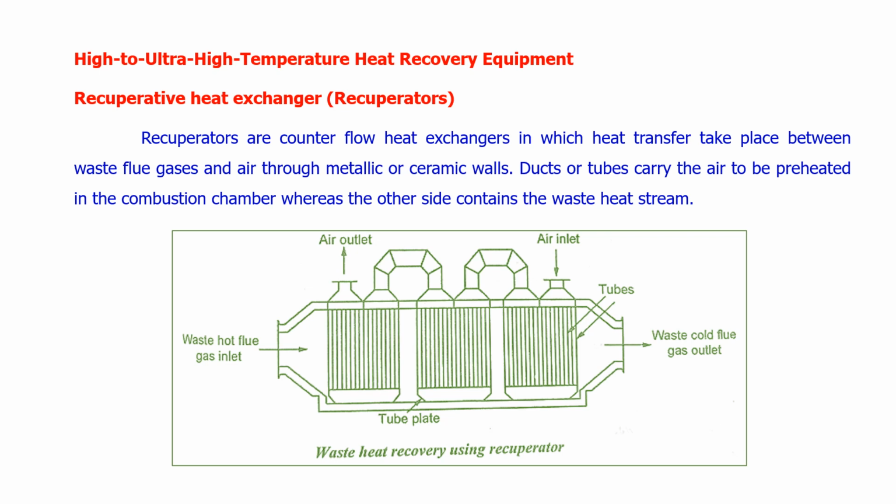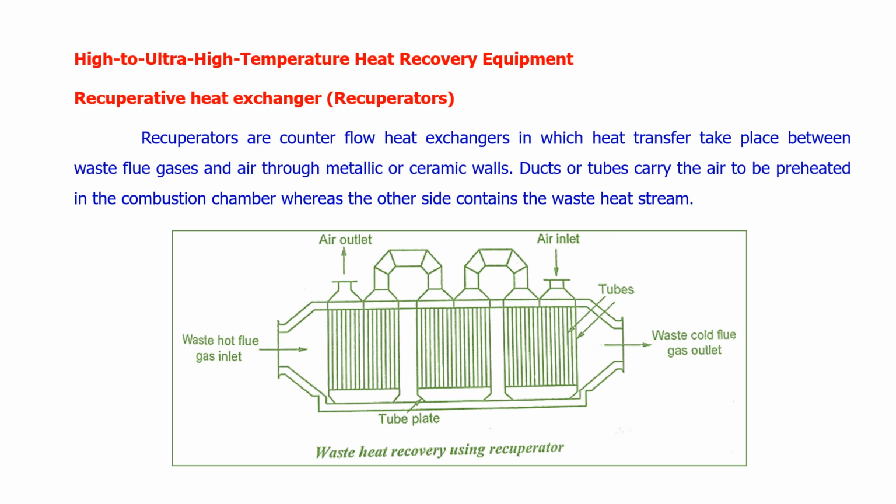Here heat transfer takes place between waste flue gases and the air through the metallic or ceramic walls, as we are seeing in the picture. Through the metallic or ceramic walls, ducts or tubes carry the air to be preheated in the combustion chamber, whereas the other side contains the waste heat stream. So this is called a waste heat recovery system.